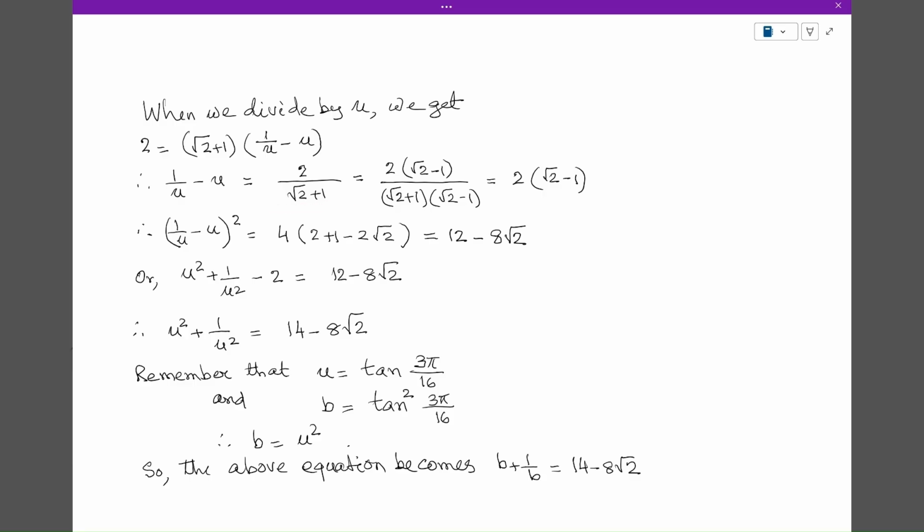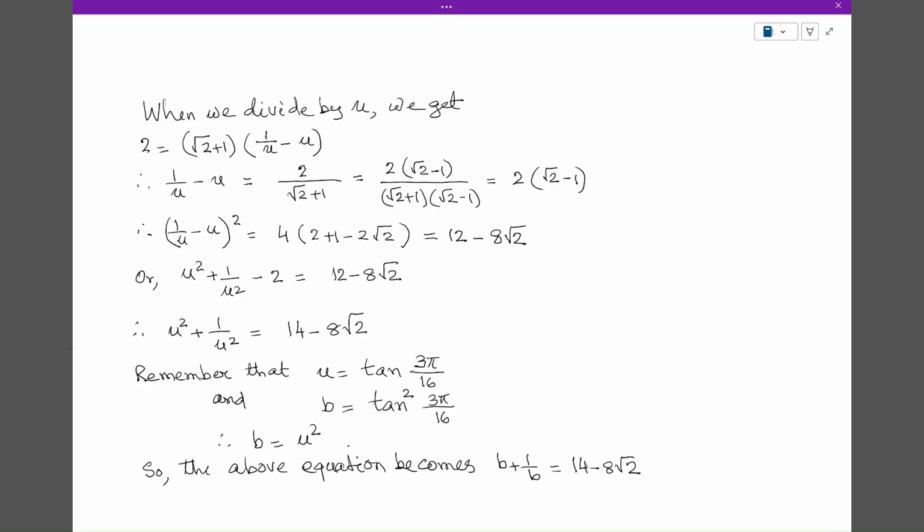When you rationalize the denominator, we get 2 multiplied by square root of 2 minus 1 divided by square root of 2 plus 1 multiplied by square root of 2 minus 1, which is equal to 2 multiplied by square root of 2 minus 1.